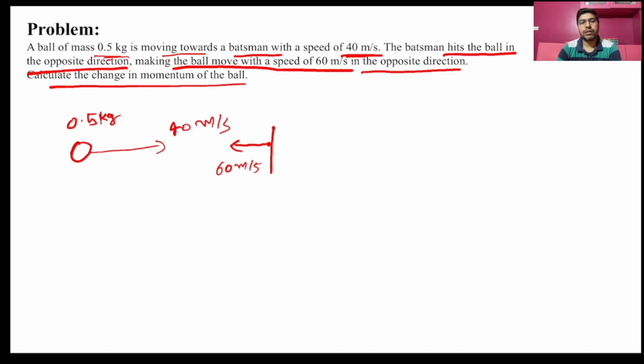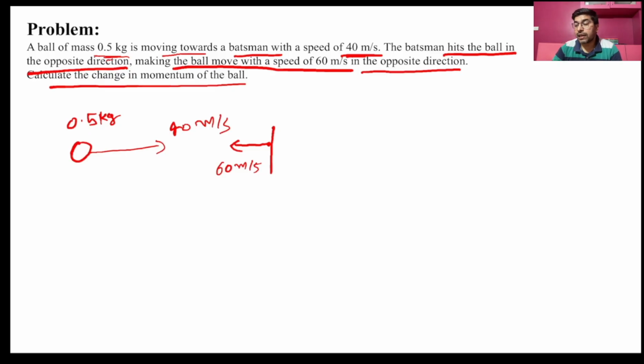And we have to find out the change in momentum. So students, might be many of you will do what? Mass into 60 minus 40, and calculate the change in momentum. Means 60 minus 40 is 20, and 0.5 kg means 1 by 2, so they will calculate 10 kg meter per second, and that is absolutely incorrect.